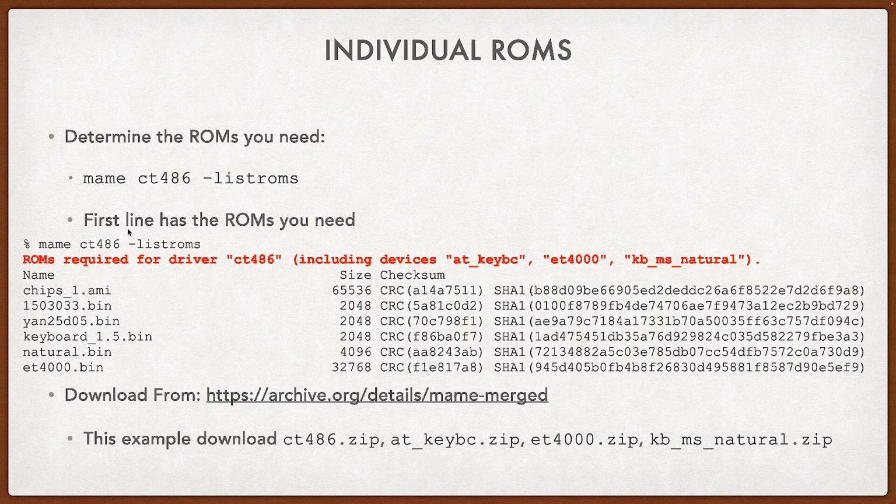What I'm pointing out here on this page, the very first line of output when you run the list ROMs command tells you what ROMs you need to download. You need to download CT486, ATKBC, ET4000, and KBMS Natural. You will find zip files with these names on it, and those are the ones that you download.